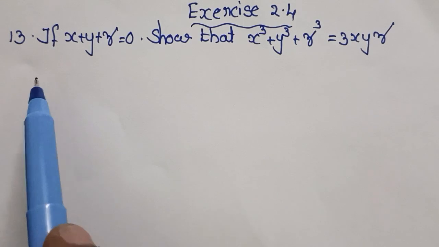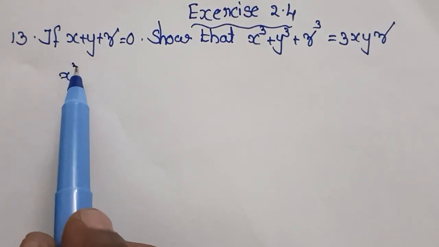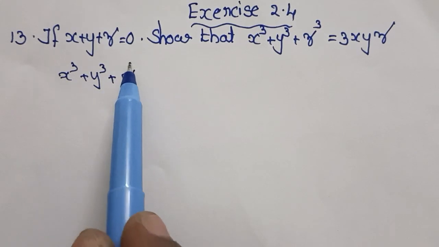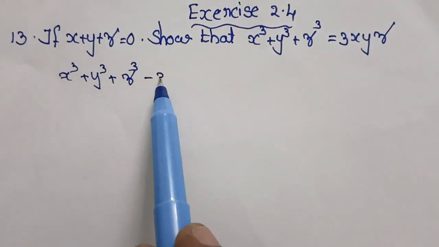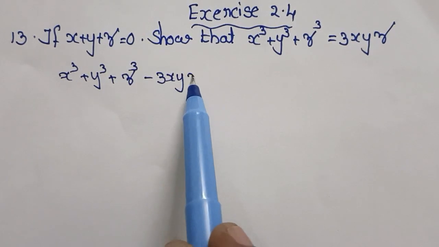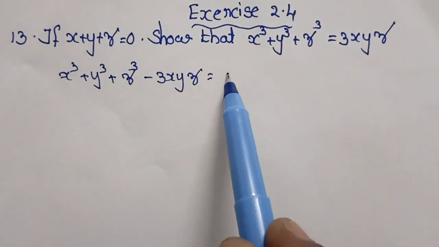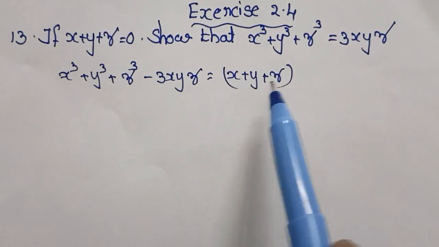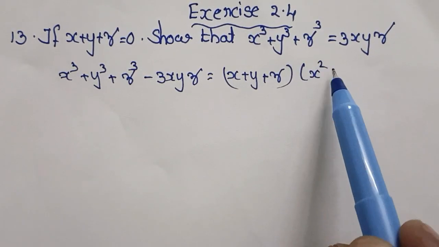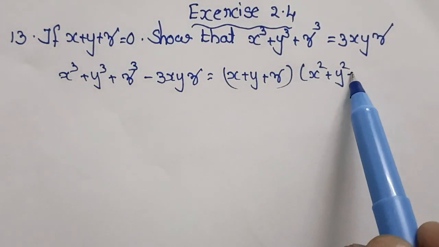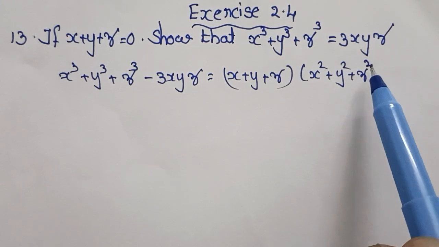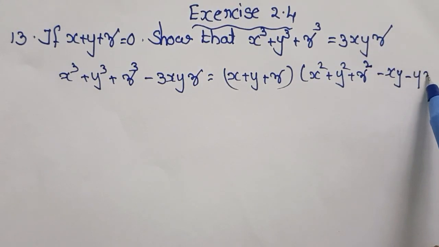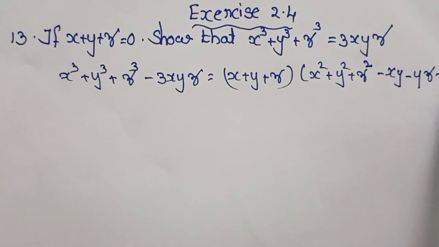Now we know that x cube plus y cube plus z cube minus 3xyz equal to x plus y plus z into x square plus y square plus z square minus xy minus yz minus zx, isn't it?